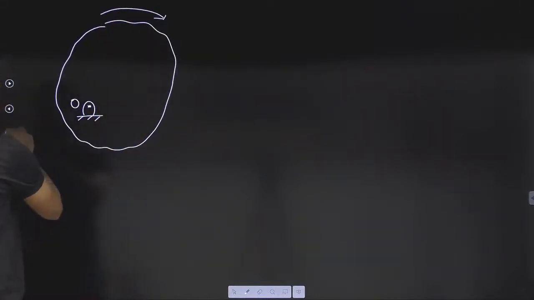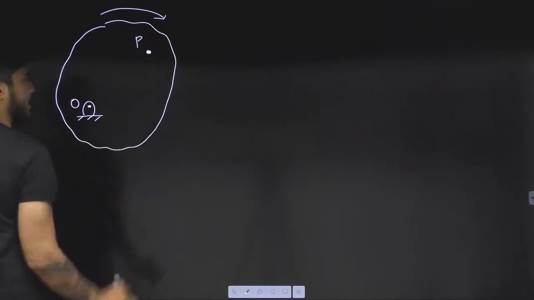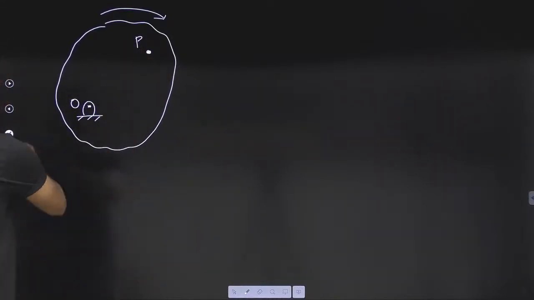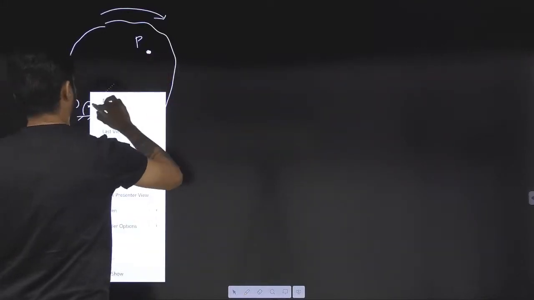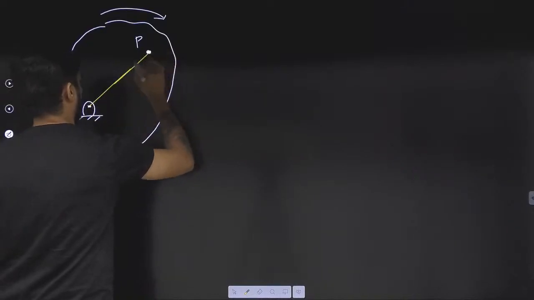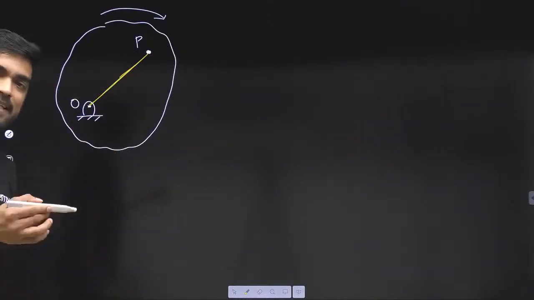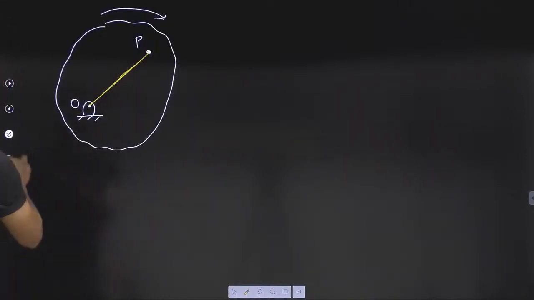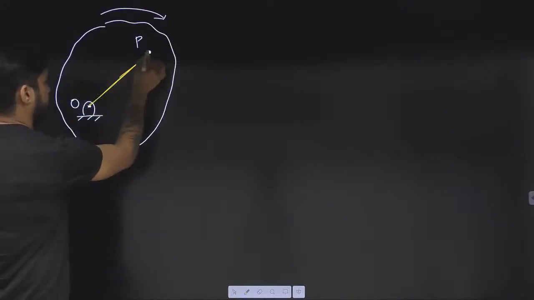And this is the particle where I need to find the direction of at and an. First of all, I will draw a straight line from O to P. Now the direction of at will be the same as the direction of velocity.